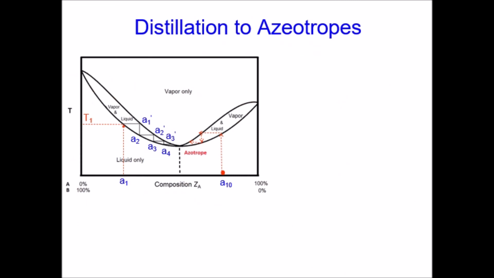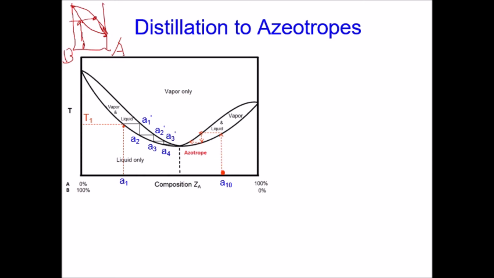The existence of an azeotrope has important consequences on fractional distillation. Let's go over fractional distillation on a normal phase diagram. So here we have an A and B mixture. A has a lower boiling point than B, so A is more volatile. Now a mixture is heated, it starts to boil, and you draw the tie line, and the vapor phase is here, which has a higher concentration of A in the gas phase, because A is more volatile.